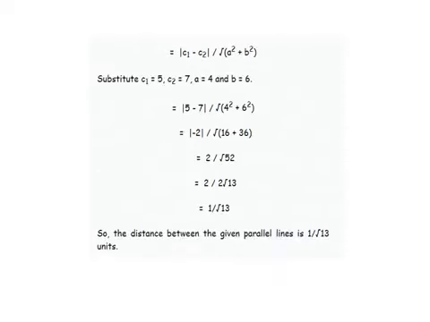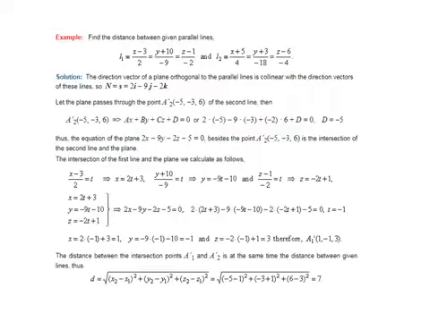After substituting the values in the given formula, we are left with mod 5 minus 7 mod divided by square root 4 square plus 6 square, which gives 2 divided by square root of 52, and we are left with 1 divided by square root 13. So the distance between the given parallel lines is 1 over square root 13 units.